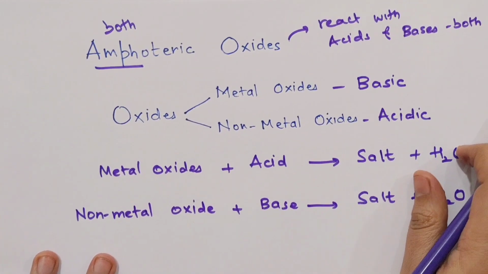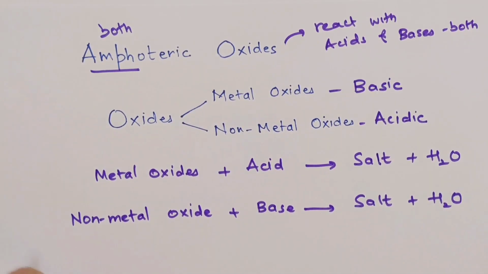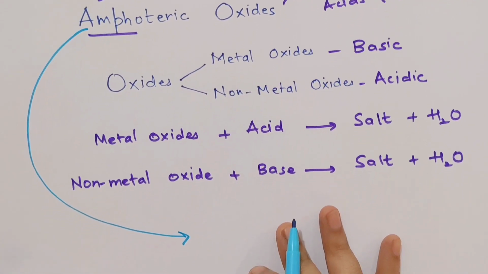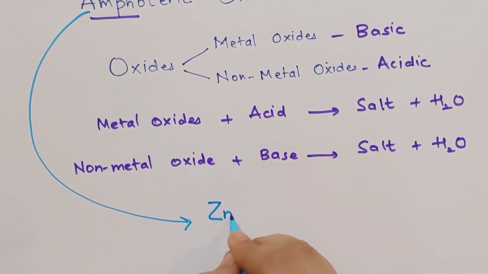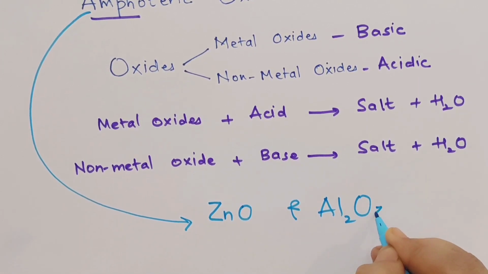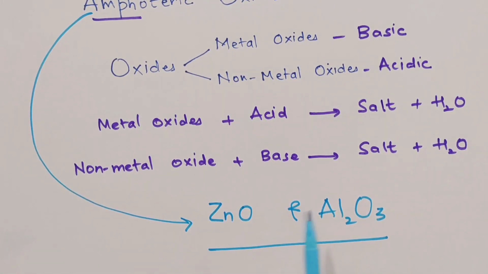Not either one of them, both, always. Okay, and there are two of them in your syllabus. One is zinc oxide and the other one is aluminium oxide. These two are the amphoteric oxides in your syllabus. We will now study the reactions of these oxides with acids and bases.